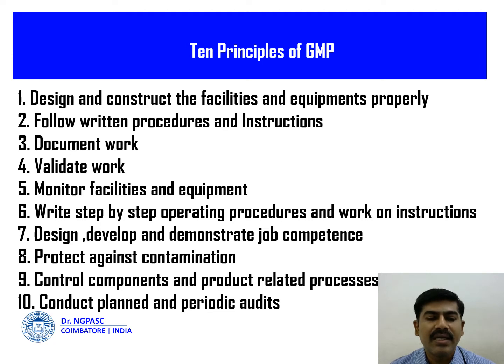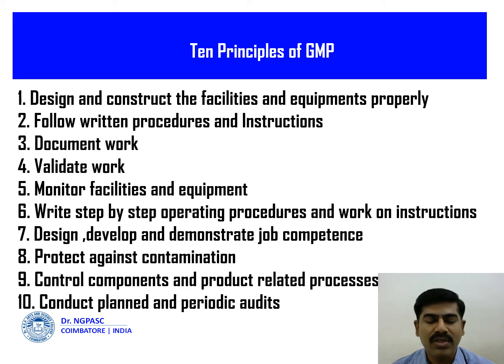Then monitor facilities and equipment. The facilities have to be monitored periodically or passively, with properly validated or calibrated equipment. If the facility is a sterile one, you have to follow proper procedures to monitor the environment. The monitoring procedures differ in different facilities.